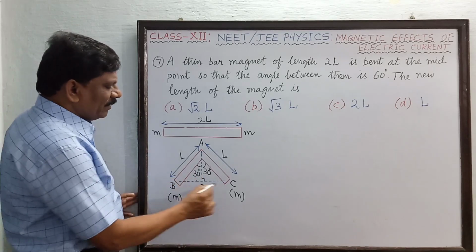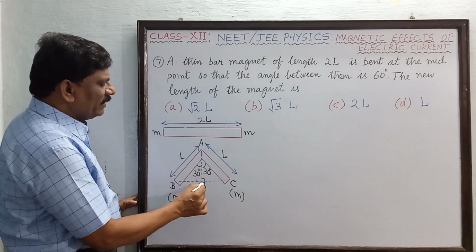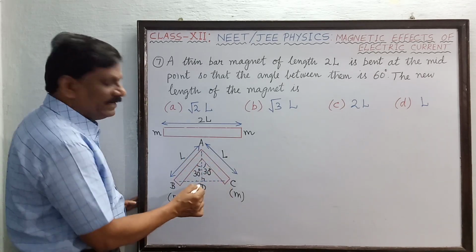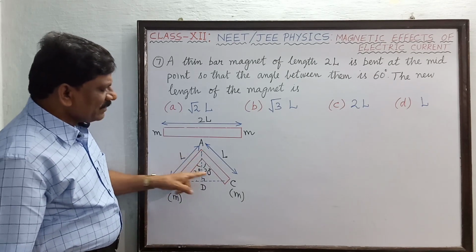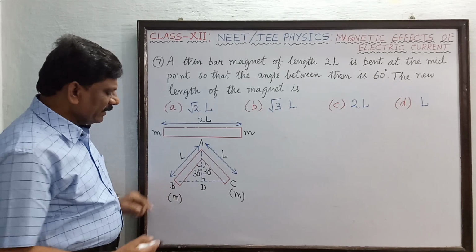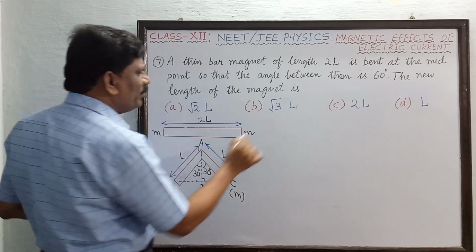So I have completed this isosceles triangle ABD and ACD. In both the triangles, the angle made with A is 30 degree. So I will take first a triangle ADB.